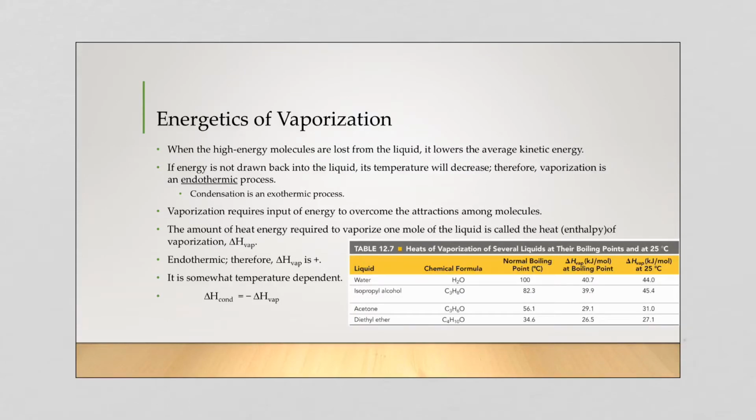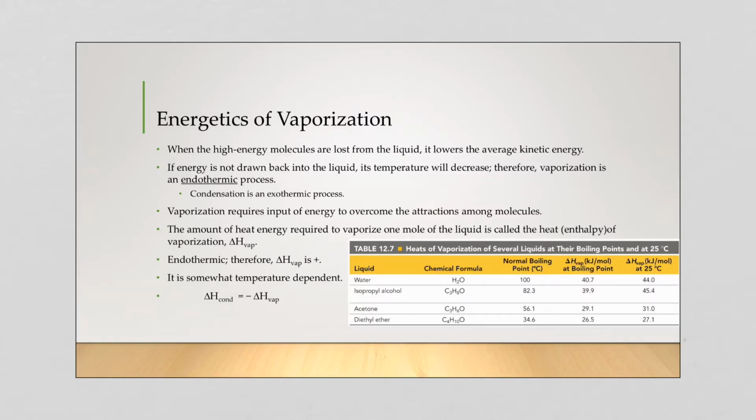Welcome back, class. So in this video, I want to take a little bit more mathematical look at the energetics of vaporization. So look at a couple ways that we can quantify how much energy it takes to vaporize. When we have these high energy molecules that are lost from the liquid and go into the gas phase, it lowers the kinetic energy of the liquid as a whole.